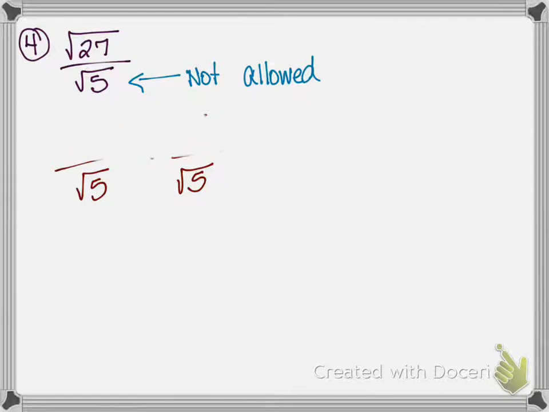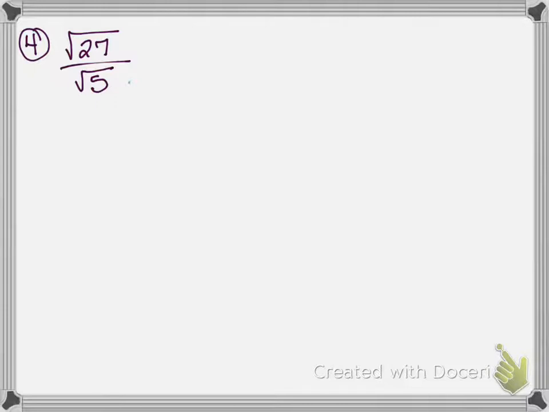I would immediately identify that the square root of 27 has what in it that's perfect? 9. So this is what I would do. I would say 9 times 3. What's the square root of 9? 3. So I'm going to bring the 3 on the outside.